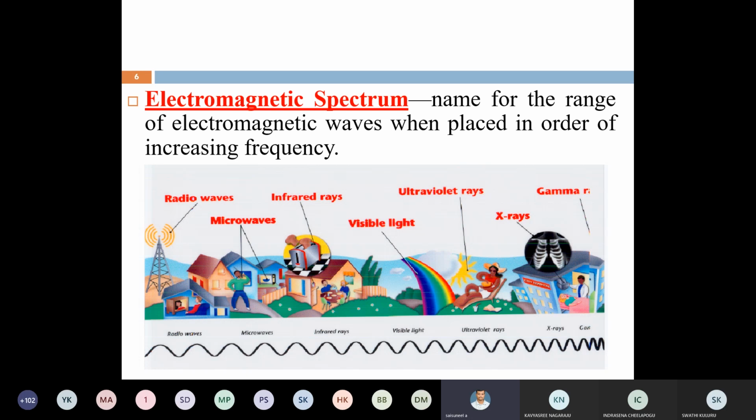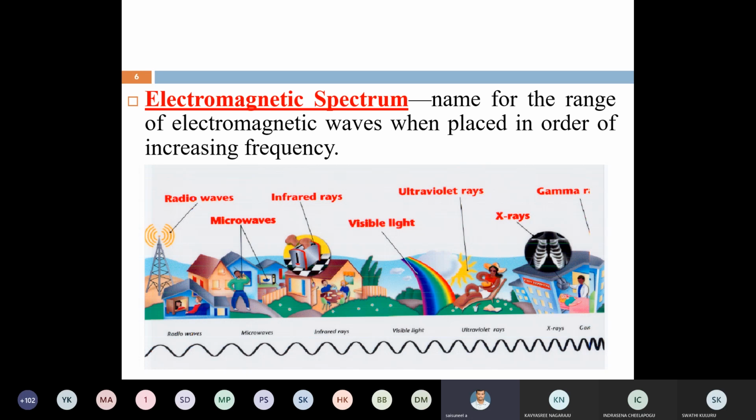In our cellular mobile communication, we use radio waves for transmission of signals from the mobile station. Microwaves are used for direct connections, just like walkie-talkies. Then infrared rays, visible light, ultraviolet rays, X-rays, and gamma rays.